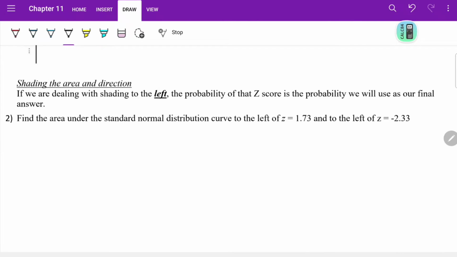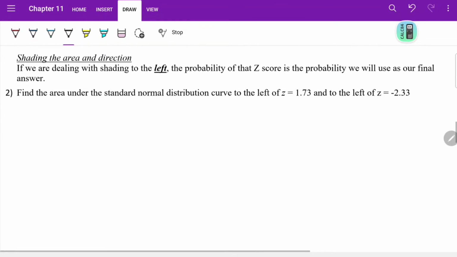Number 2, find the area under the standard normal distribution curve to the left of z equals 1.73 and to the left of z equals negative 2.33. So we're going to draw the standard normal distribution curve. Okay, so it's a bell-shaped curve.